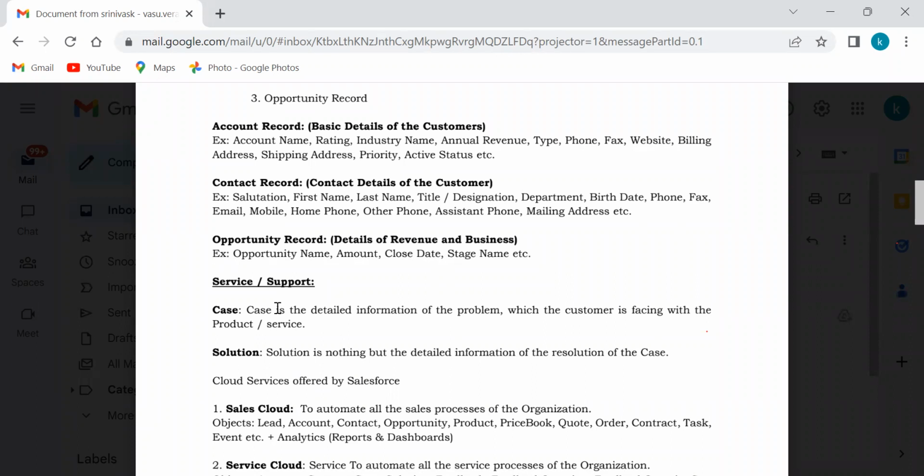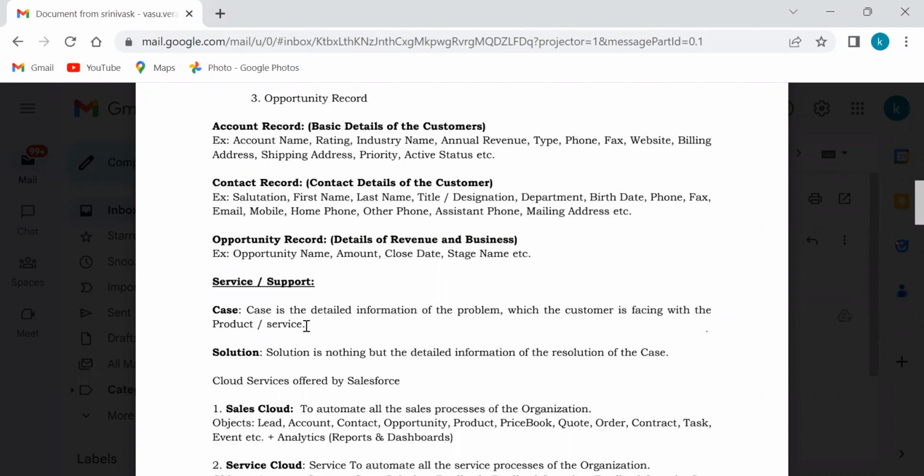Once the customer is facing any problem with the product, he'll be raising a case. The help desk people will register the case or complaint, and that case will be transferred to a service engineer or service technician, who is responsible for solving your problem. That service engineer or technician will provide a solution, which is detailed information on how to resolve the case.